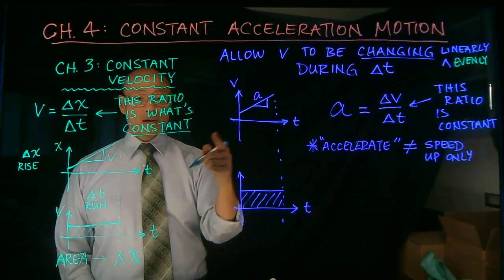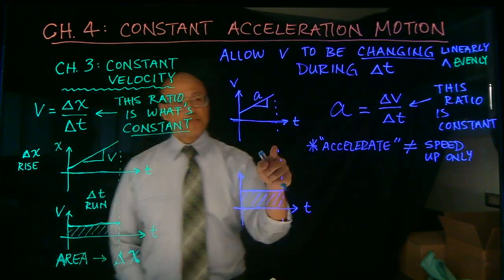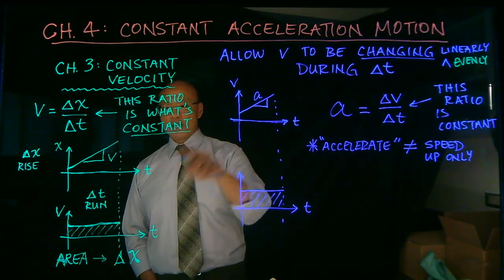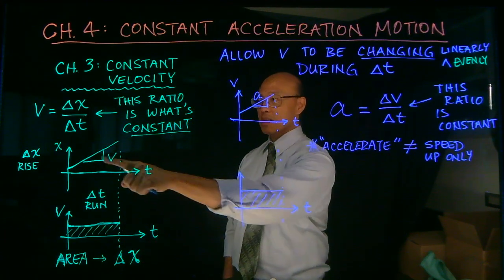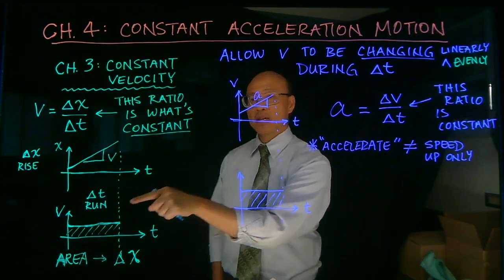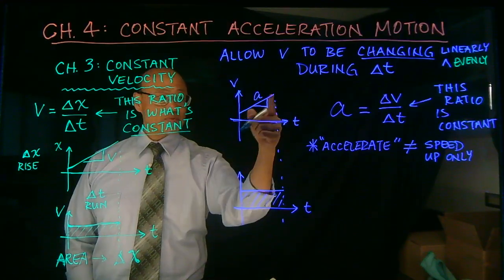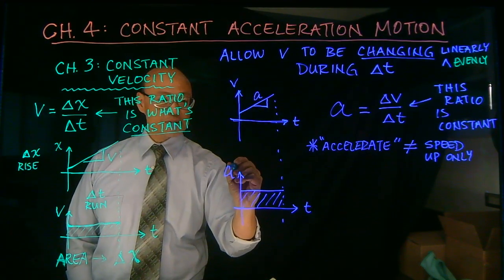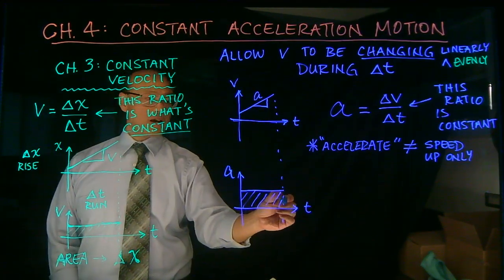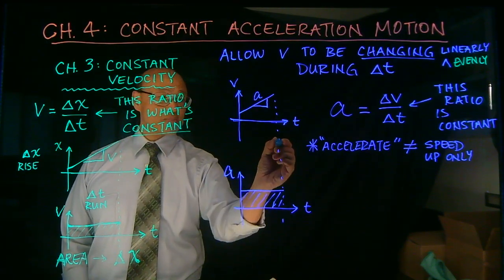Okay. Let's continue taking chapter 3 and mapping it to chapter 4. If this is velocity now, and over here in chapter 3, the slope of this graph is the value of this graph, then the slope of this graph is the value of this graph. Well, what's a slope? It's my acceleration. So you now have a new graph in chapter 4 that's worth talking about.